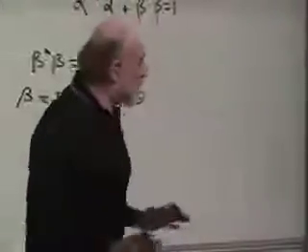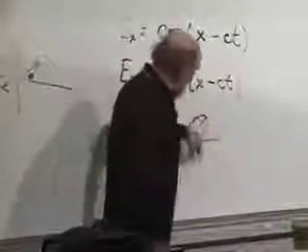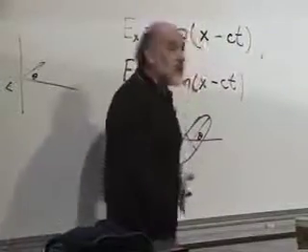That is the other parameter. So there are two parameters describing the polarization. One is the angle of the major axis, and the other is the eccentricity of the ellipse.